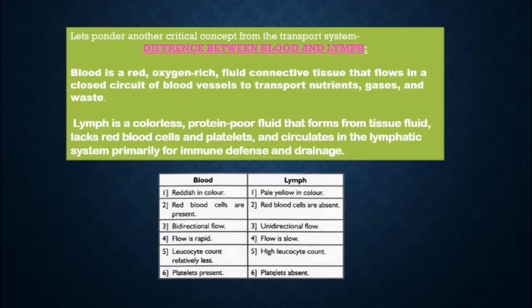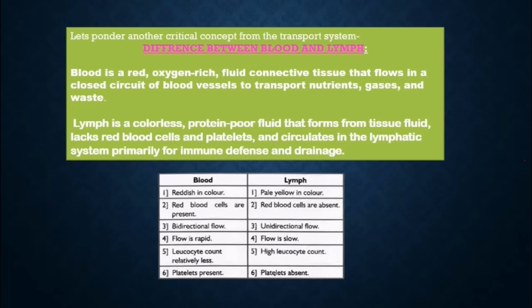Wherever the lymph is collected in the intercellular spaces in our body, it should be distributed throughout the body. There is another special type of vessel system present in our body, apart from veins, arteries and capillaries, called lymph vessels and lymph nodes.